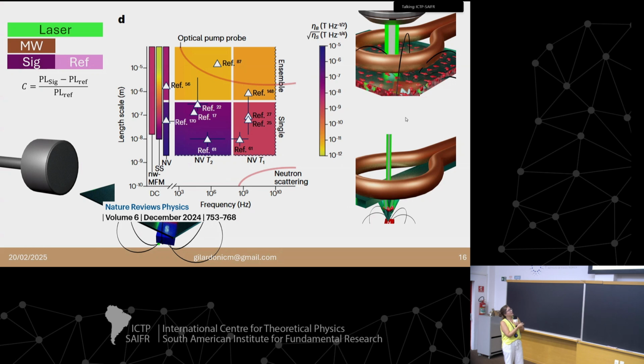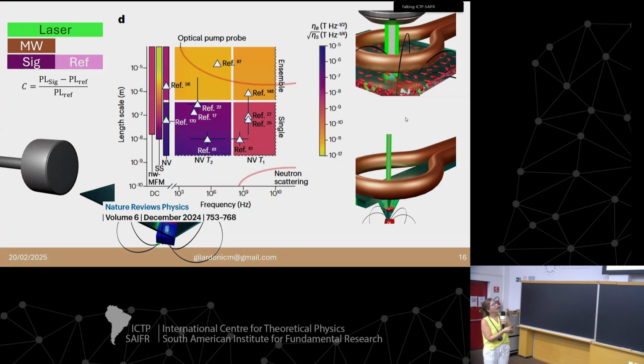So in that range, if you're operating with ensembles, you can get sensitivities of, what does this read here? 10 to the minus 8, that sounds about right. So about 10 nanotesla per square root hertz, right? So that means per second of measurement. And if you're operating with singles, then your sensitivity goes a little bit up, but again, you gain this spatial resolution.